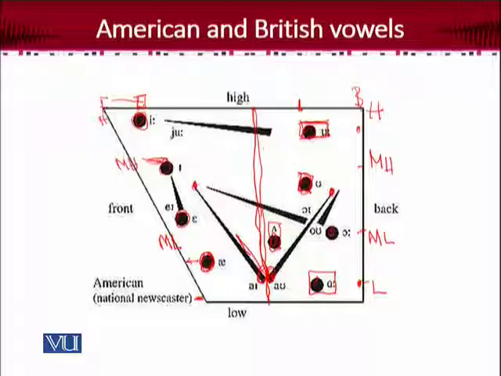like this U, right? So this mid sort of diphthong does not exist in British English, but it's a feature of American English and it's visible here. So these are the features of American English. Now let me take you to the British vowels, the vowels found in the British accent of English.